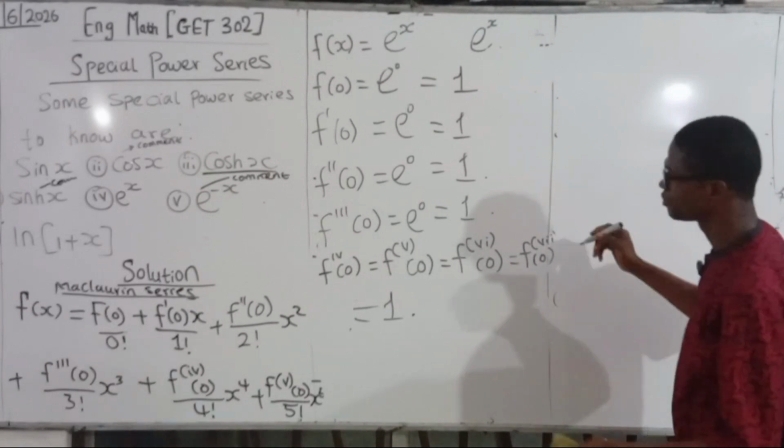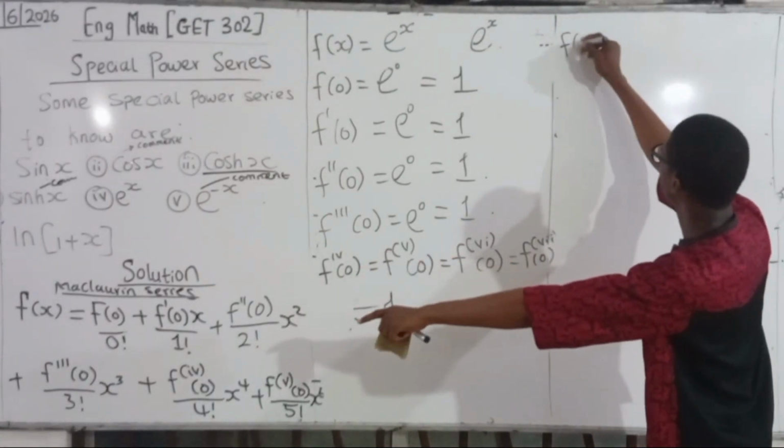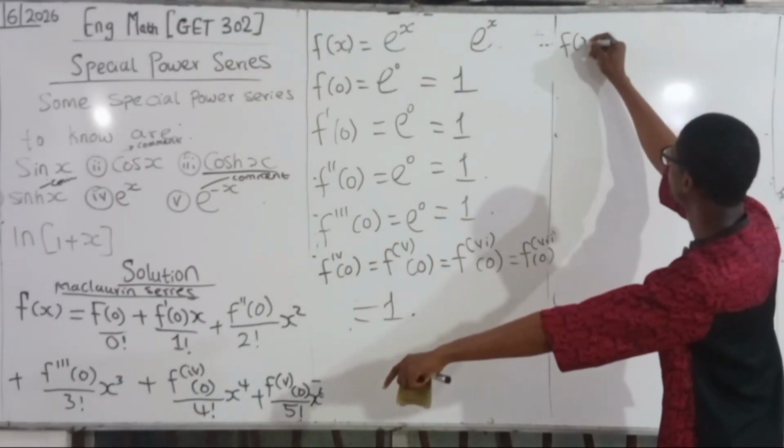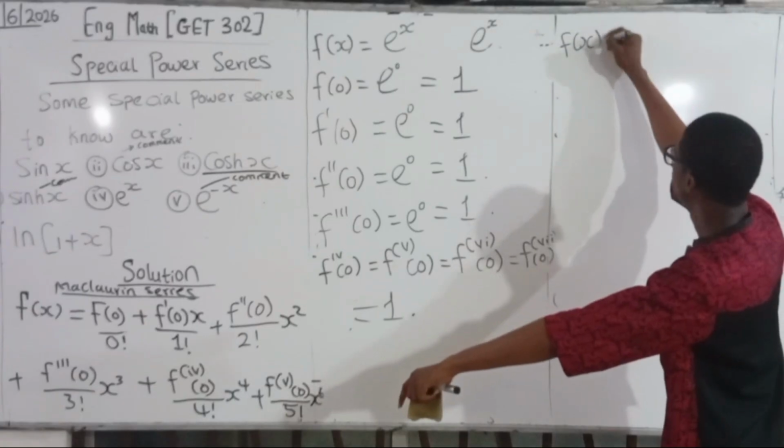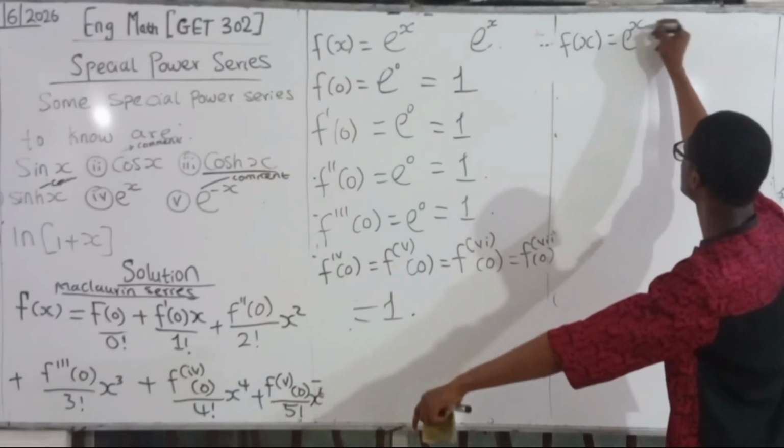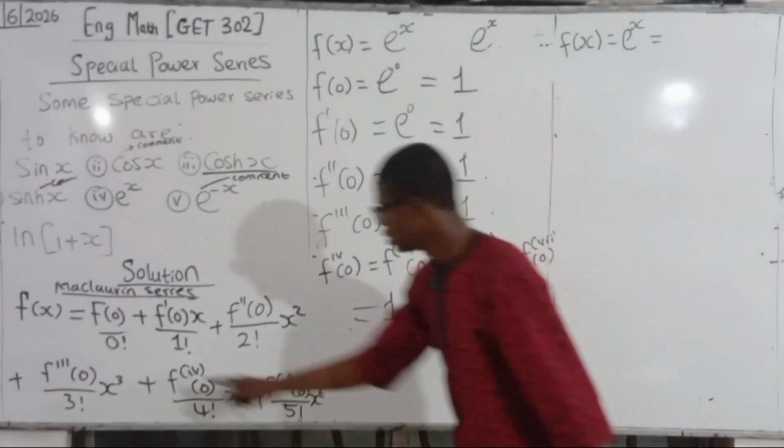You will have f of x, which in our own case is exponential x, equal to f of 0.